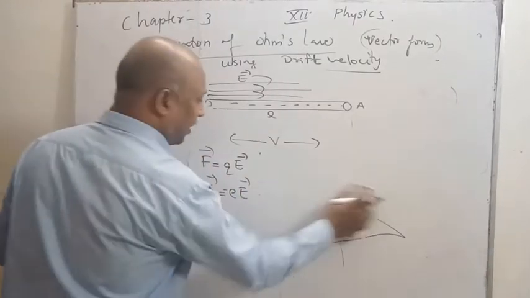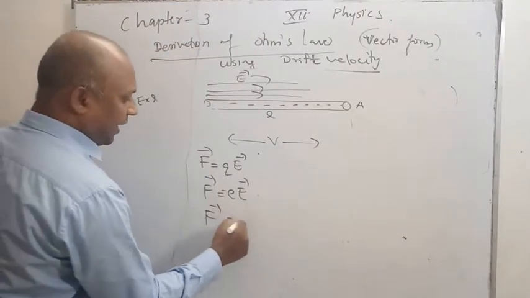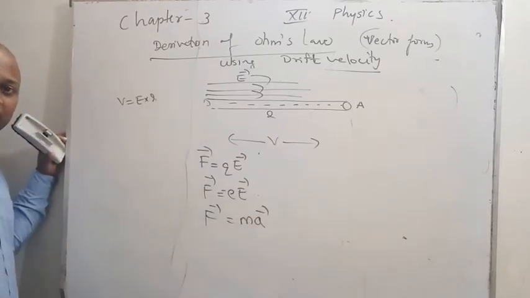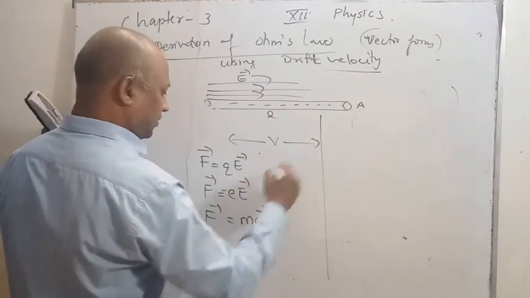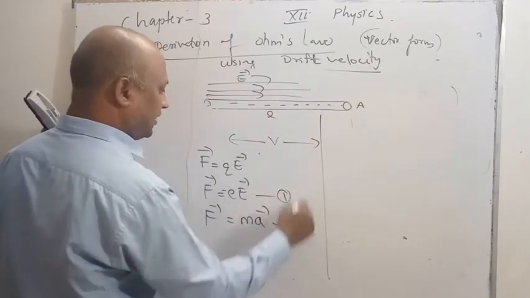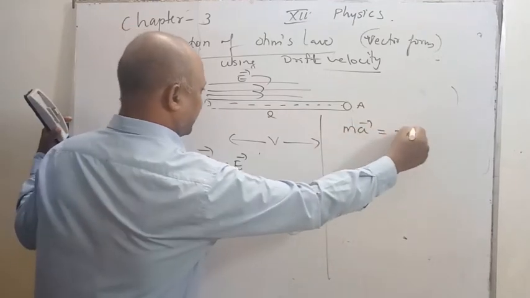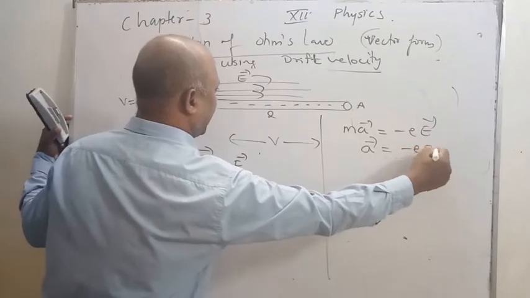So that is what we are going to discuss over here. But we already know F is equal to ma by second law of motion, because the electron is a particle, so we can apply this formula. And now combining these two equations, what do we get? ma is equal to minus eE, or acceleration is equal to minus eE upon m.